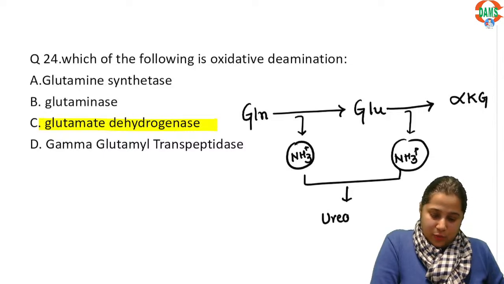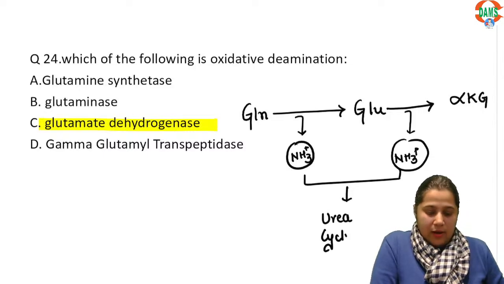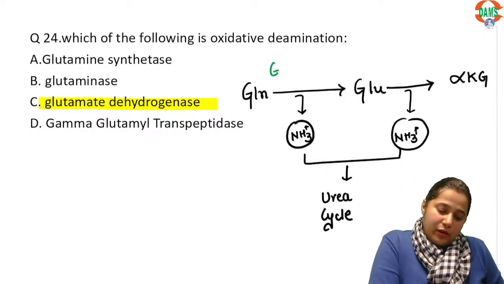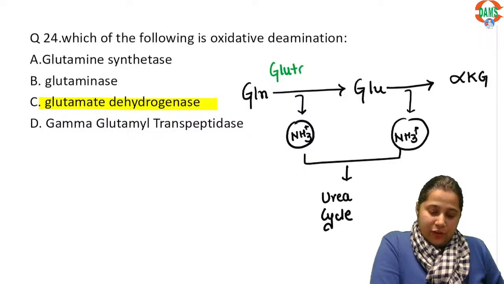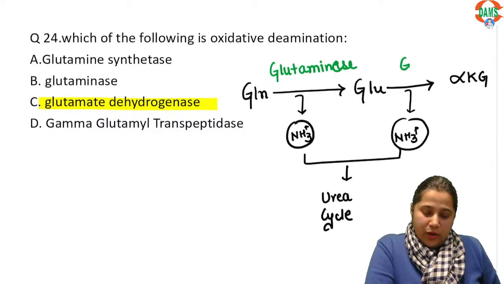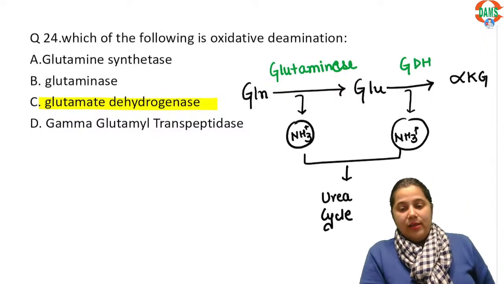The next is the urea cycle. Both these steps occur in liver. The first enzyme here is glutaminase, which will remove ammonia from glutamine, and the next enzyme is glutamate dehydrogenase.